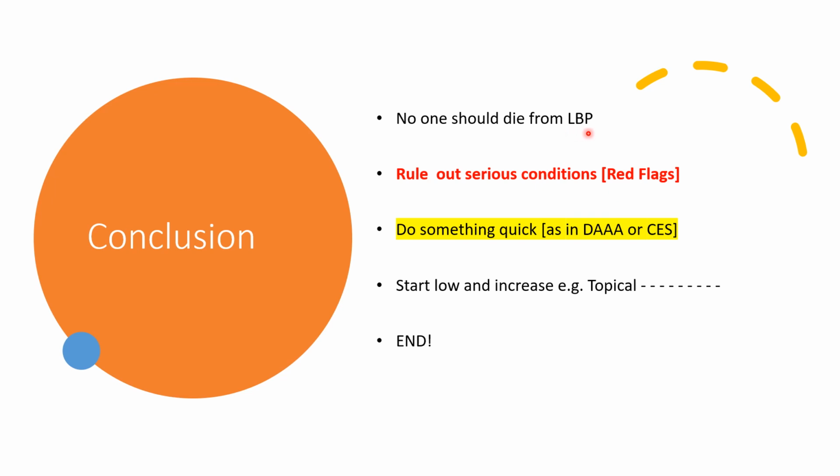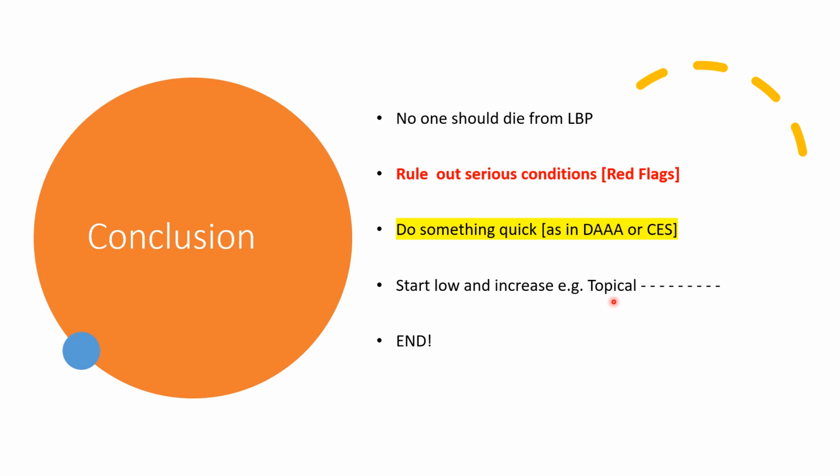lower back pain. And when we are talking about the treatment, we should start with non-pharmacological interventions. And when we want to begin the pharmacological interventions, we should start from the lowermost parts, least troublesome, and then go up from there.